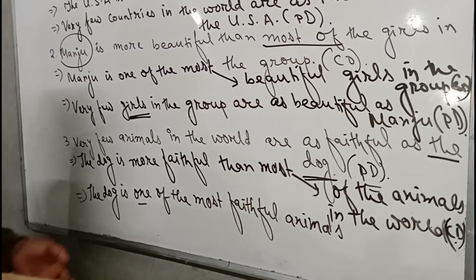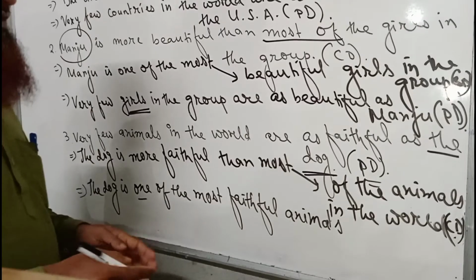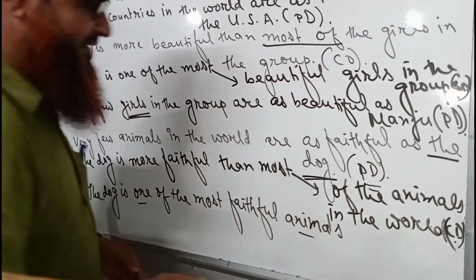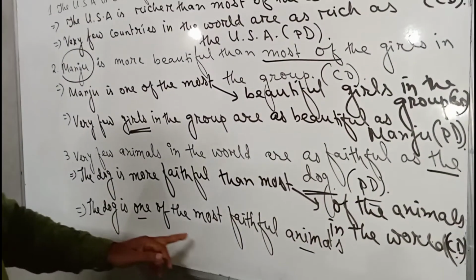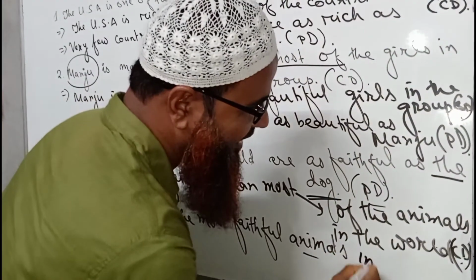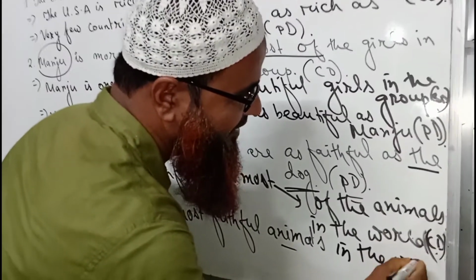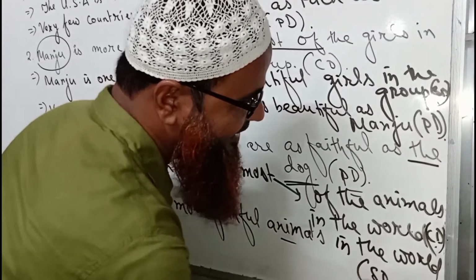That means among all animals. That is why we have to write the plural form of animals here. The dog is one of the most faithful animals in the world. Okay, it will be the superlative.